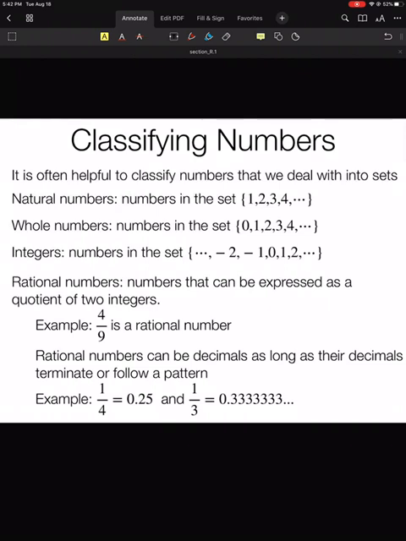And then 1/3, 1 divided by 3, is 0.3333, and the 3's keep on repeating, but that's a pattern. Every decimal place is 3. The decimals keep on going forever, but they are 3. So that's what I mean by a rational number.